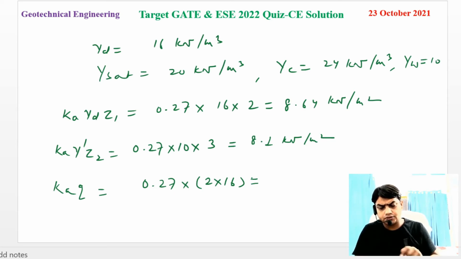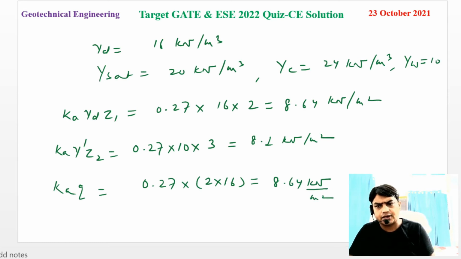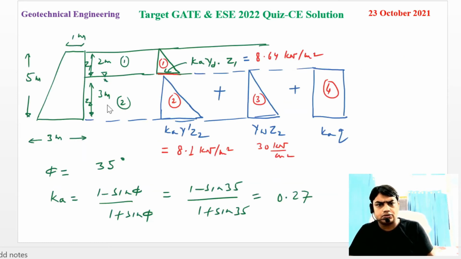This value is 8.64 kilonewton per meter square.